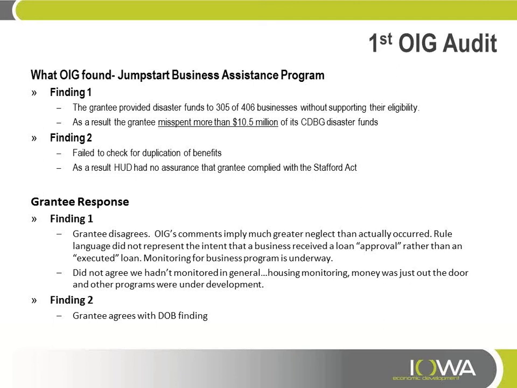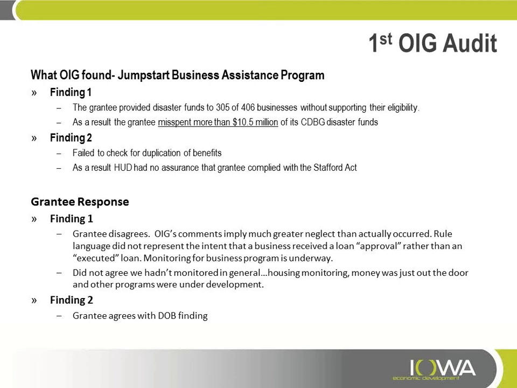So our response, again, this is our written response to the findings, was that, first of all, we disagreed with HUD about the misspent $10 million. We really felt that OIG's comments implied a much greater neglect than what was actually going on.